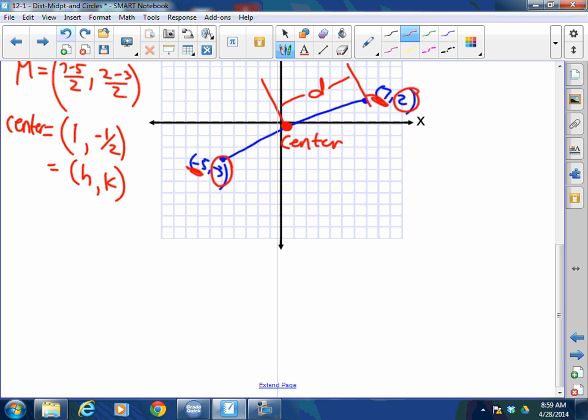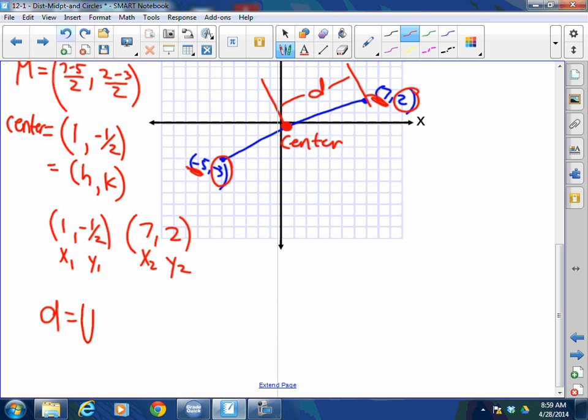Okay, think about it. So let's do it. My x1 and y1 are 1, negative 1 half. Then my x2, y2, I'm going to make it 7, 2. So my distance equals 7 minus 1 squared plus 2 minus a negative half, so plus 1 half squared.